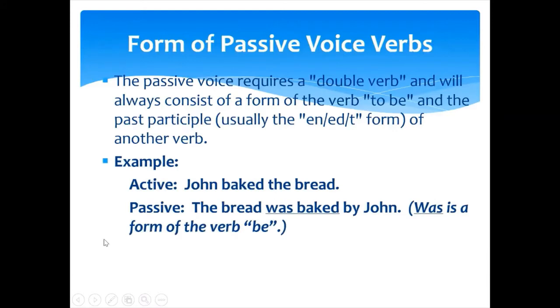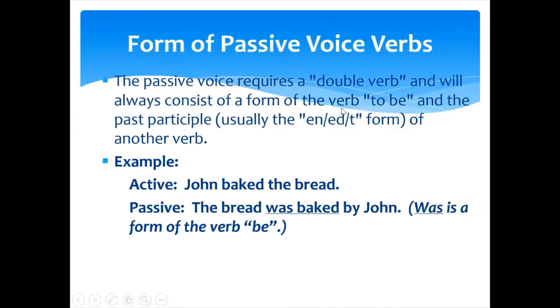For example, active: John baked the bread. Passive: the bread was baked by John. Was is a form of the verb be or to be. That means past tense here.